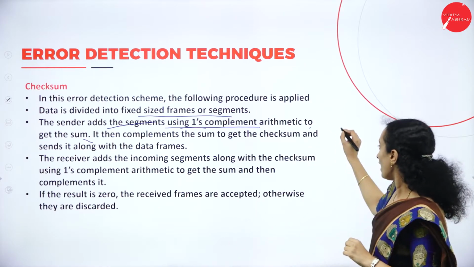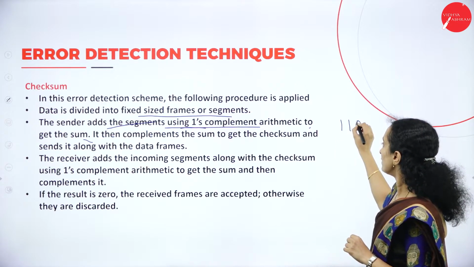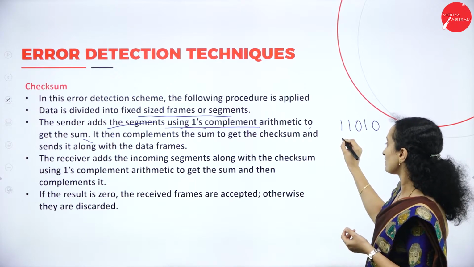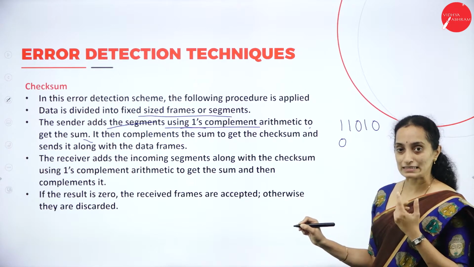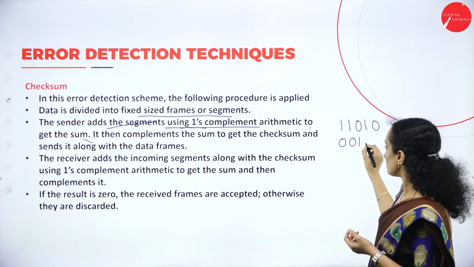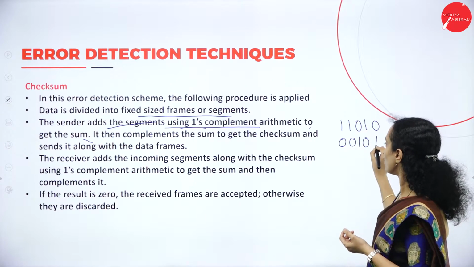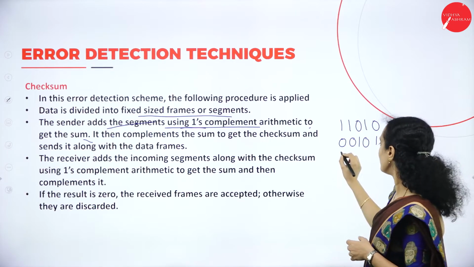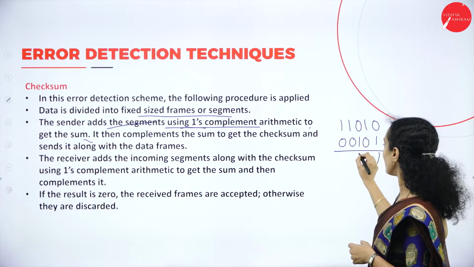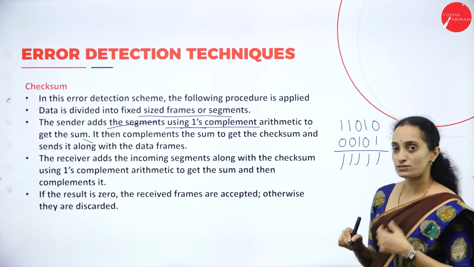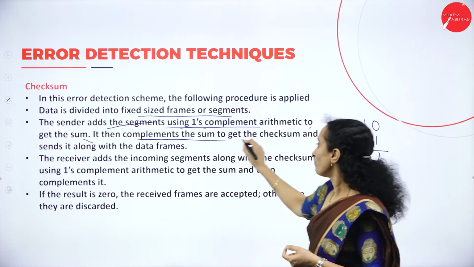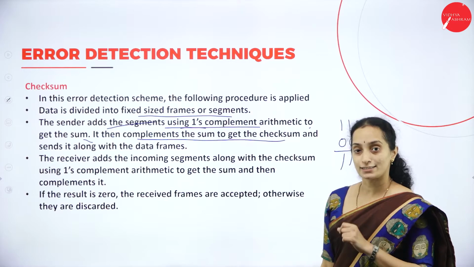Suppose we have 11010, it will generate the ones complement. You know about how to generate the ones complement. Change the ones to zeros and zeros to 1. 00101 it will become, and will generate a sum of this, 11111. So this will be a sum. It then complements the sum to get the checksum.